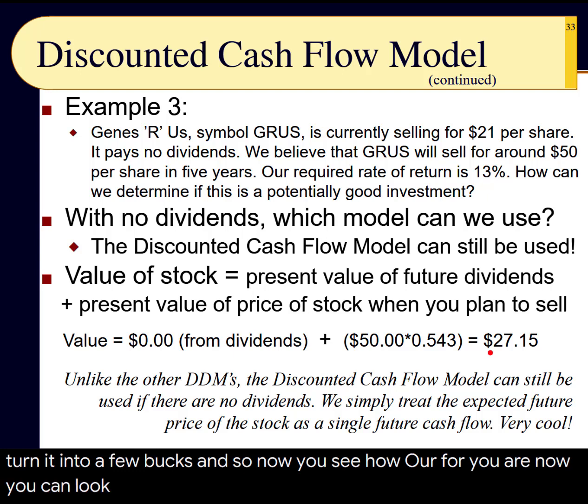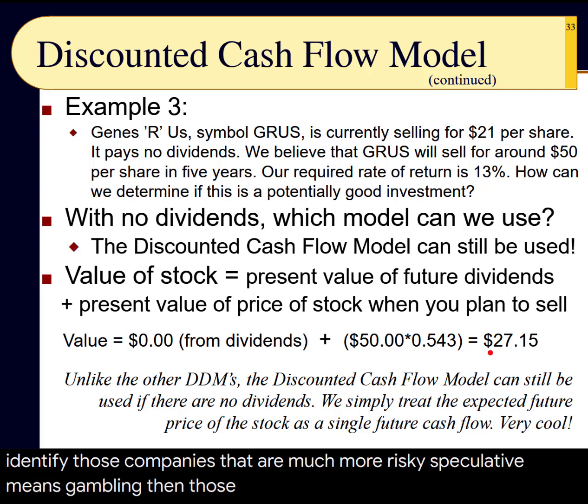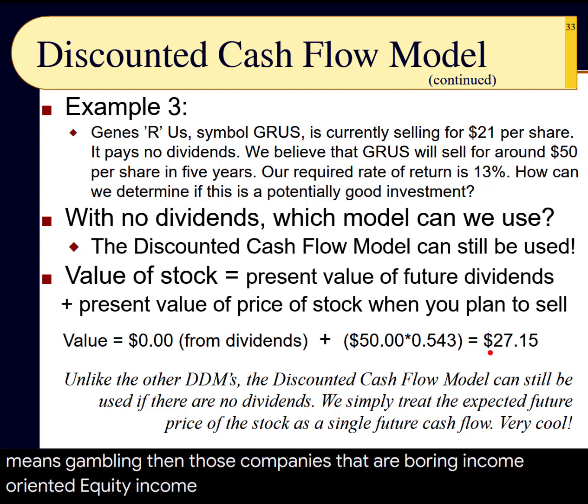You can look at a company from its cash flow perspective and identify those companies that are much more risky, speculative, meaning gambling, than those companies that are boring, income-oriented, equity income. Cool? I think so.